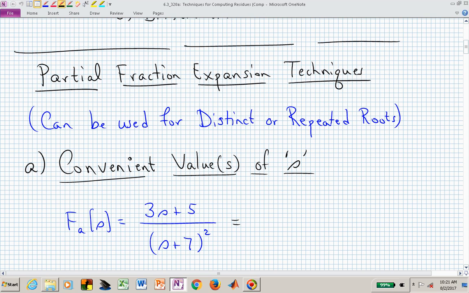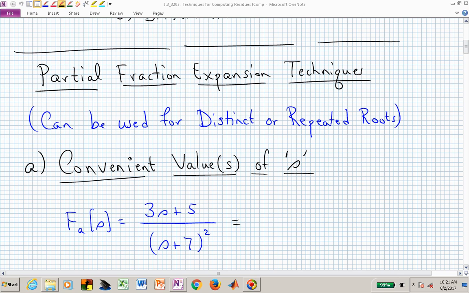a different transform. And again, if we're inverse Laplace transforming, the very first question we need to ask is: is our transform strictly proper? In this case, our denominator is second order, our numerator is first order, and so we can immediately write down the partial fraction expansion expression for this particular transform.